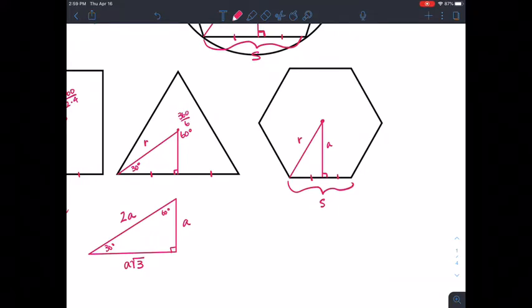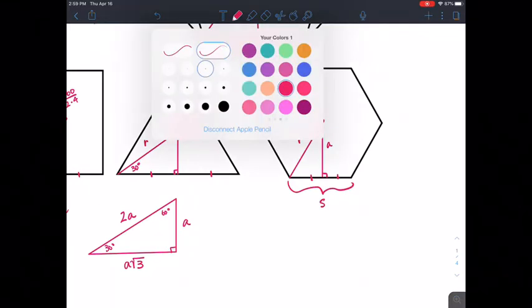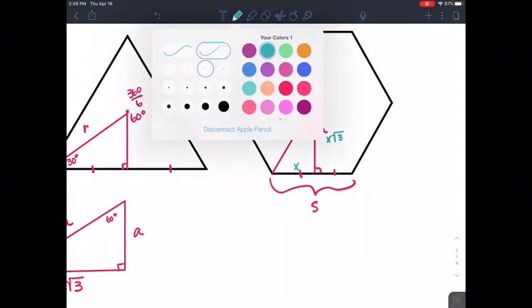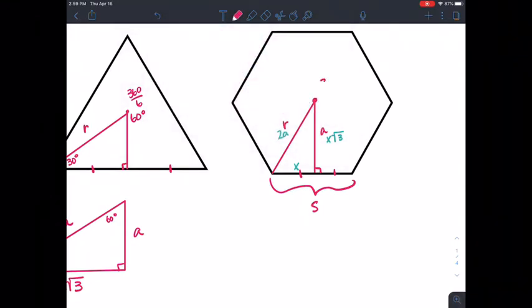Now my a value, or if you want to think of it as x, since we're using these in terms of apothem, this would be x. My long leg would be x root 3, and this over here would be my 2x. That central angle up there at the top ends up being 360 divided by 12, so my 30-degree angle lies in the middle this time.